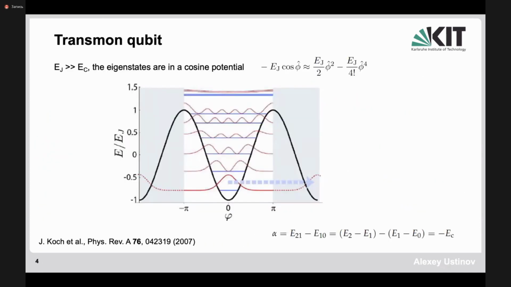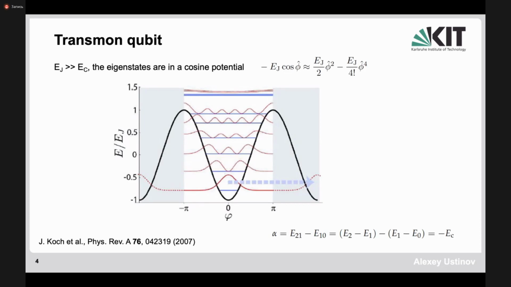And then the energy difference between the ground state, which is here, and the first excited state, which is the second level here, is roughly 200 megahertz larger than the energy difference between the first excited and the second excited state. And this is characterized by the parameter which is called anharmonicity.